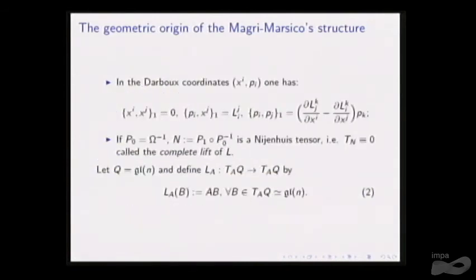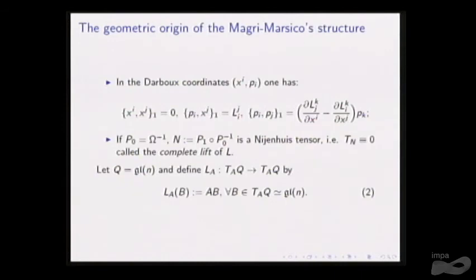Okay, so here, just to make the thing in coordinates again, it is a computation to show that in the Darboux coordinates for the standard symplectic form of the cotangent bundle, we have that {x_i, x_j}_1 is equal to 0, that {p_i, x_j} is equal to L^j_i, and {p_i, p_j} is this more complicated expression that involves derivatives of the tensor.